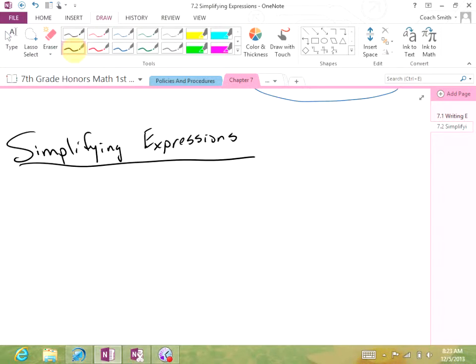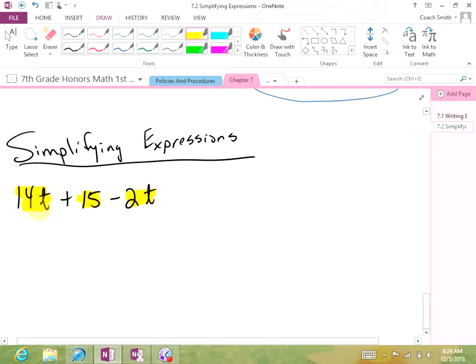We'll go back to an example that we did earlier, but I don't think we actually simplified this one. 14t plus 15 minus 2t. First thing, we have three terms.